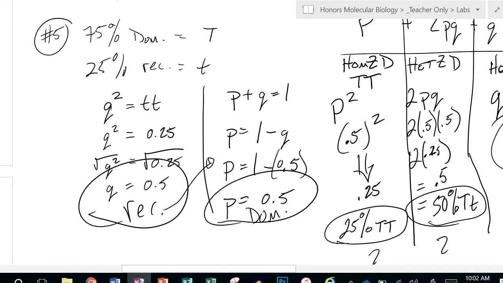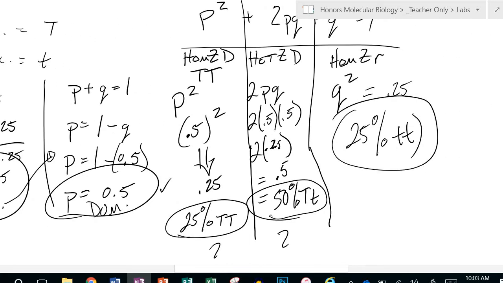So again, we solved for Q first, right here. Then we solved for P, and then we were able to solve for the other two percentages, the frequency between the three different pairings. And again, the three pairings of alleles that we can have are homozygous dominant, heterozygous dominant, and homozygous recessive.